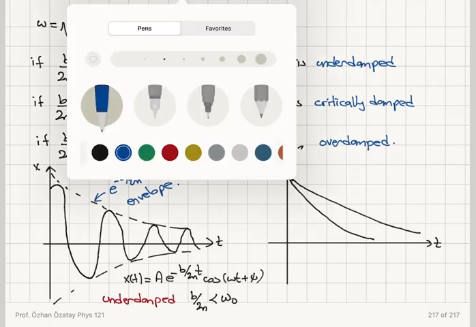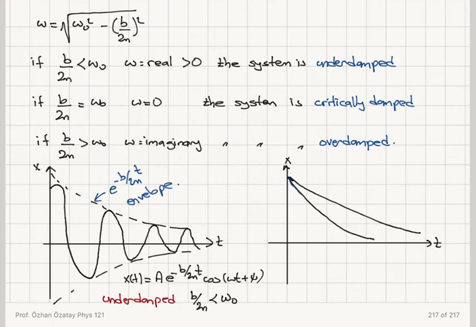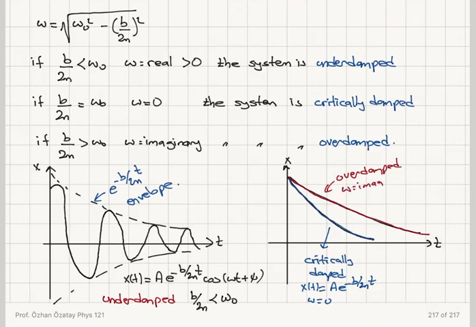So the situation I have drawn here, the blue one, is critically damped. The solution is x of t equal to a e to the minus b over 2m t. Omega is 0. Then if I have the overdamped case, omega is imaginary.